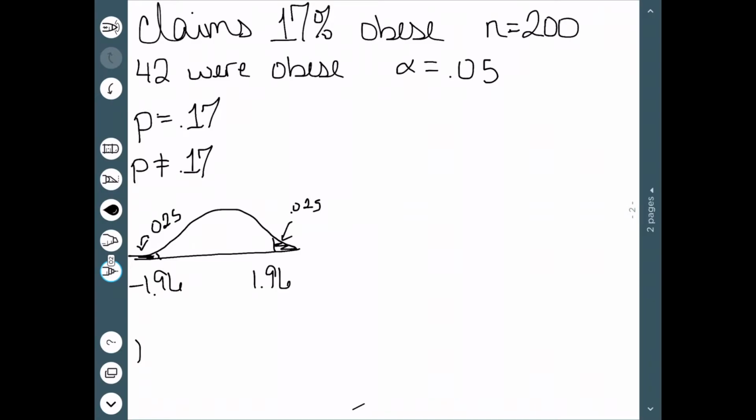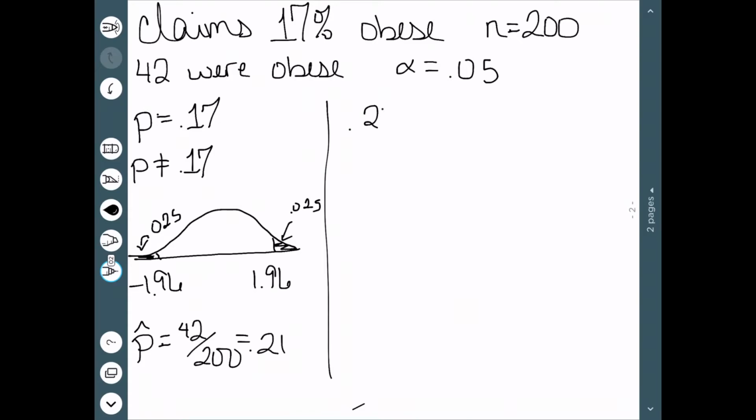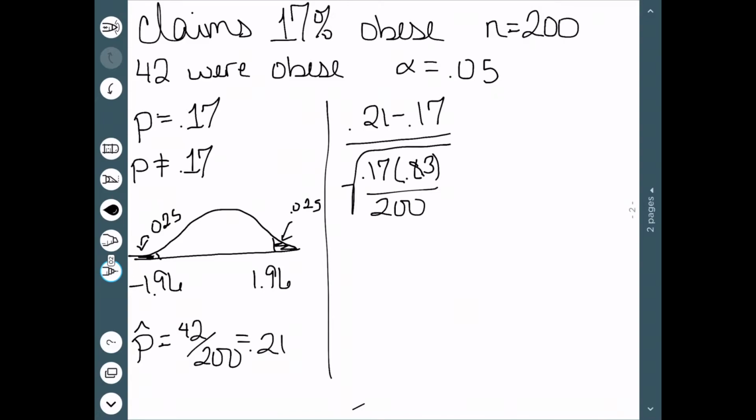We also need to know the value of p hat, which is going to be the 42 out of 200, which is 0.21. So now let's find our test value. It's p hat, which is 0.21, minus p, 0.17, over the square root of p, which is 0.17, times q, which is 1 minus 0.17, or 0.83, divided by the sample size, 200.